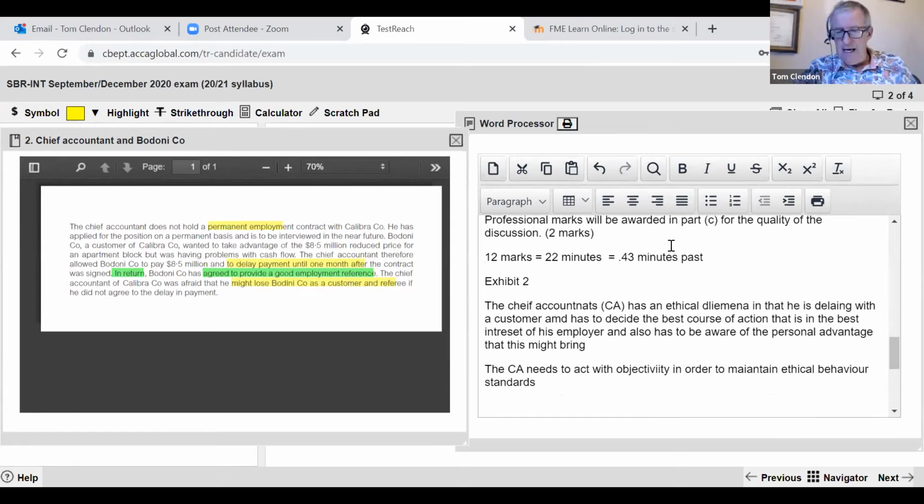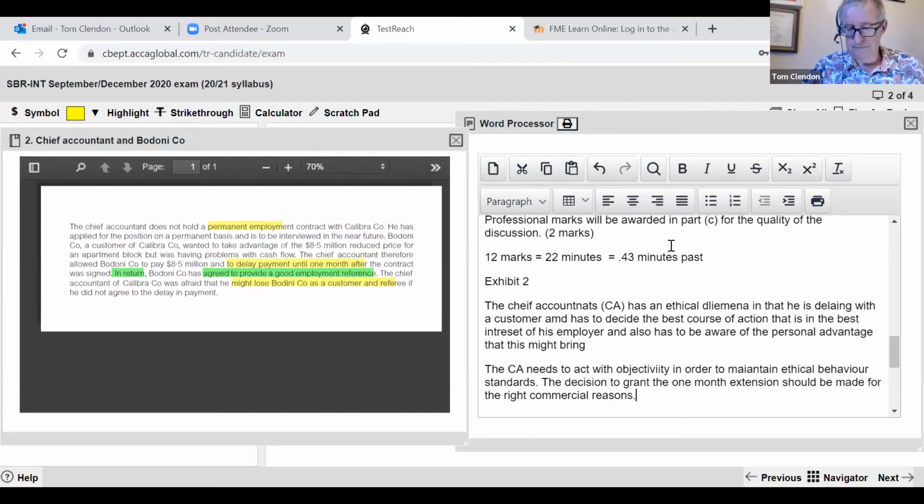And the decision should therefore be made, the decision to grant a 1-month extension should be made for the right commercial reasons.